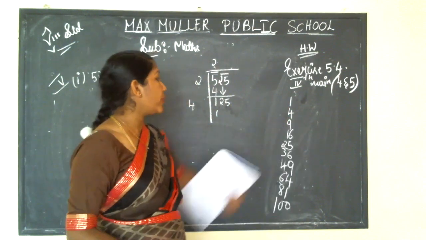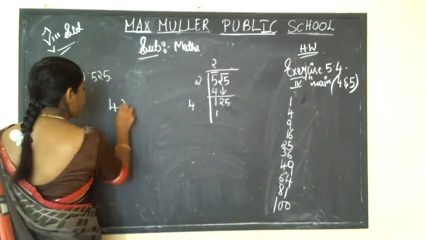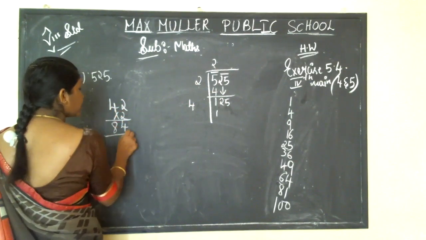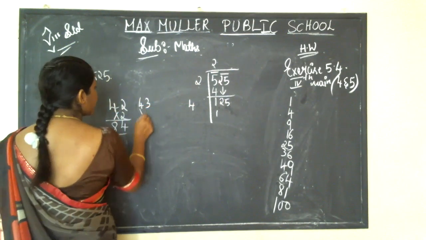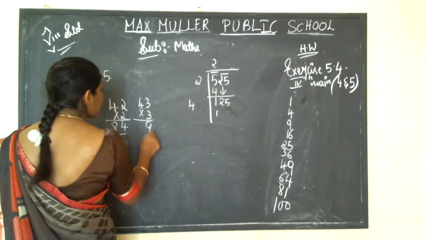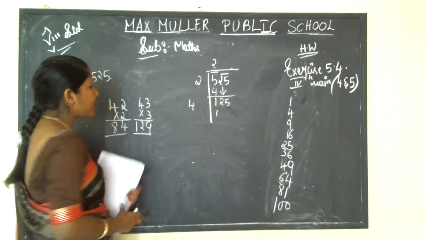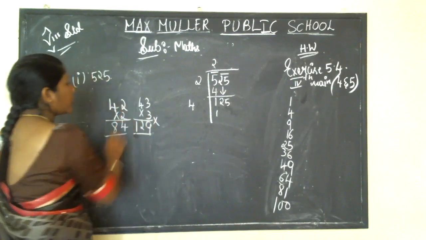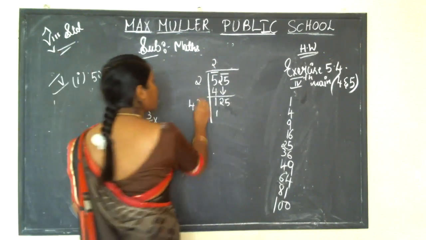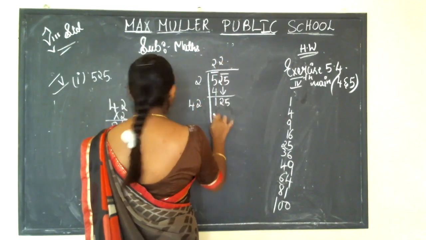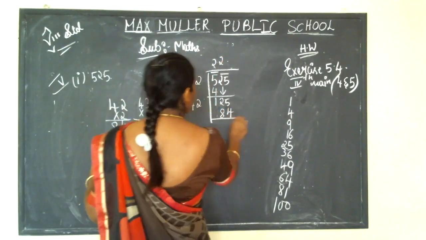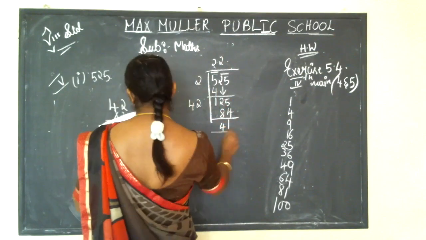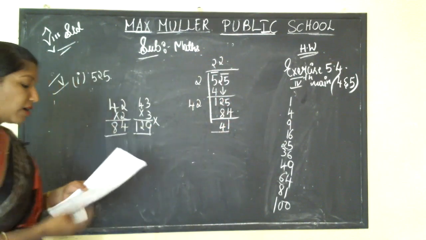The last digit is 4, so we'll try 42 into 2. 2 2s are 4, 2 4s are 8, it becomes 84. The next number is 43 into 3: 3 3s are 9, 3 4s are 12, it becomes the higher number 129, so you can't take this. So go with 42 into 2, which becomes 84. Now 5 minus 4 is 1 and 12 minus 8 is 4, so the remainder will be 41.